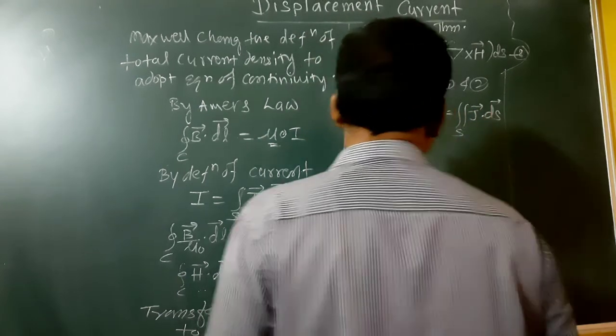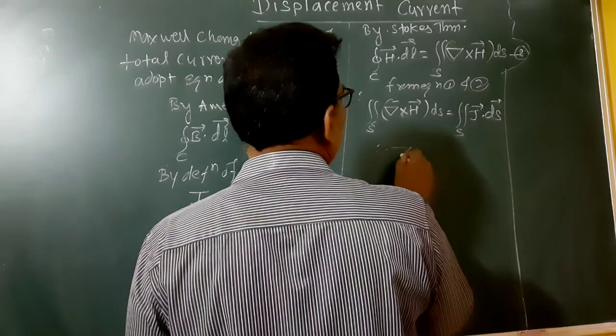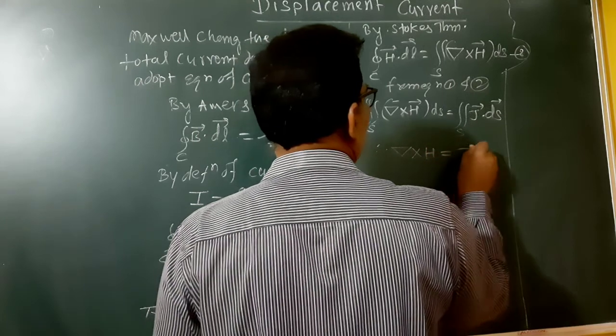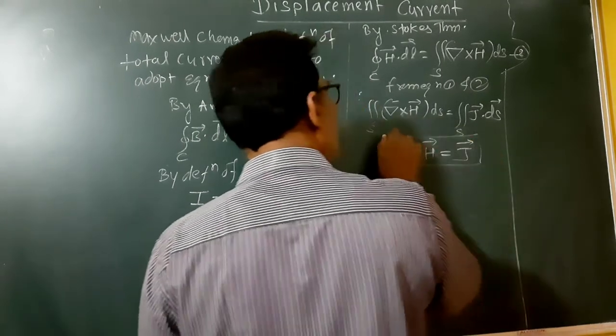Now the surface integration is removed from both sides, so finally we get curl of H bar is equal to J bar.